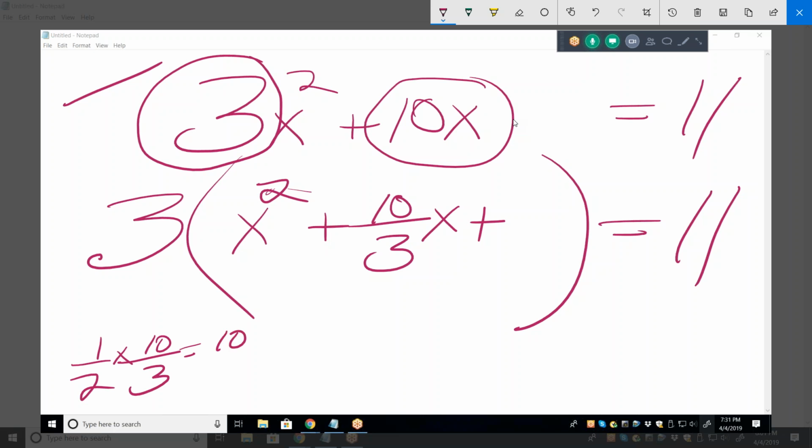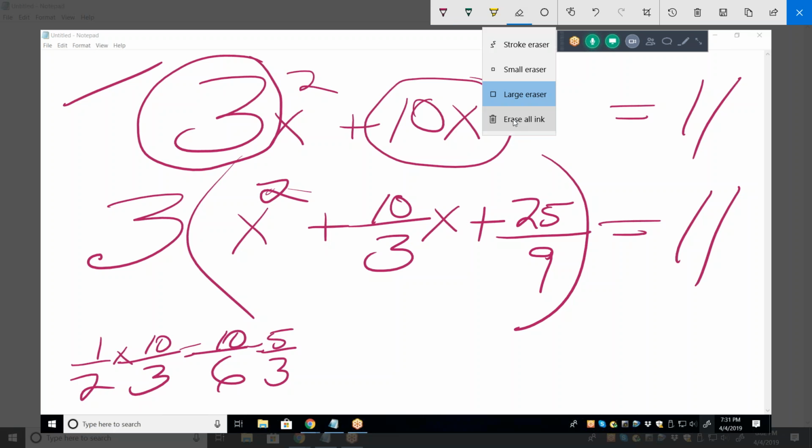That's 10 over 6, which is 5/3. Now square that. 5/3 squared, that would be 25 over 9. Got to square top and bottom.